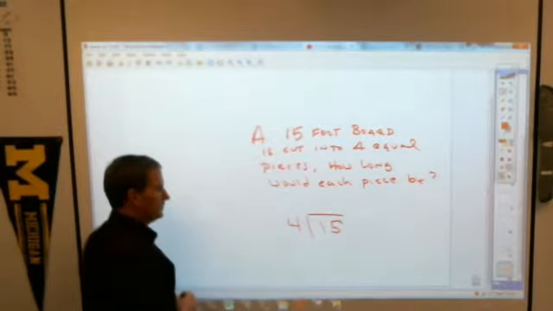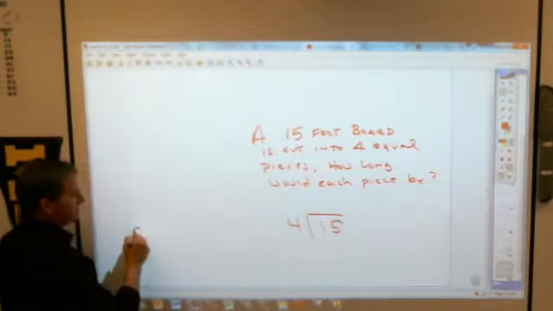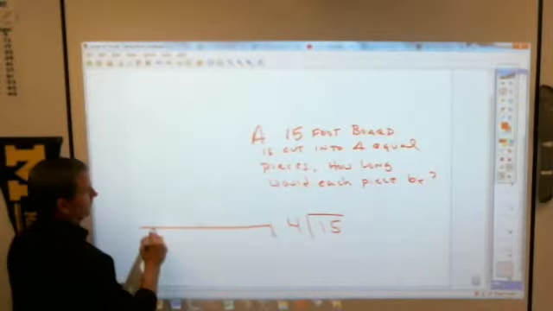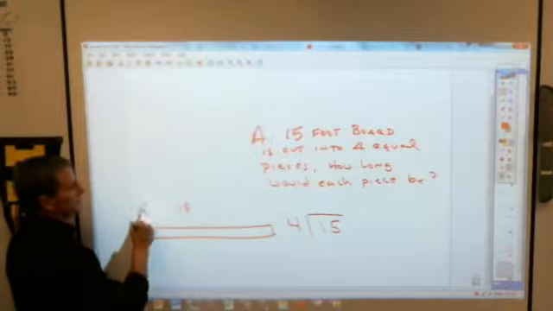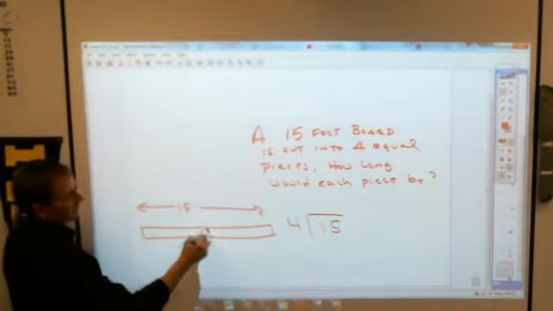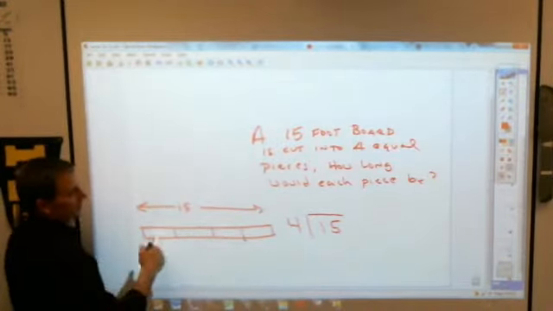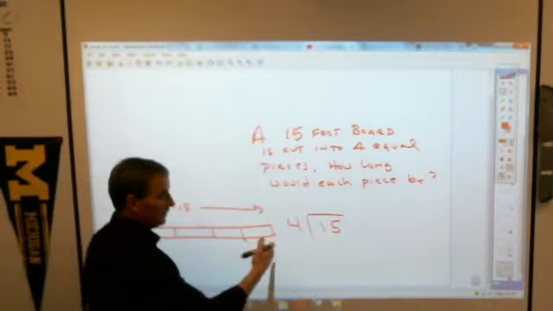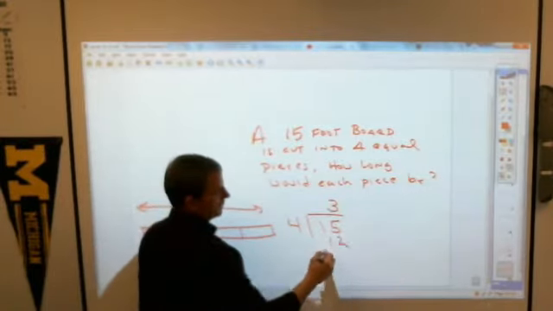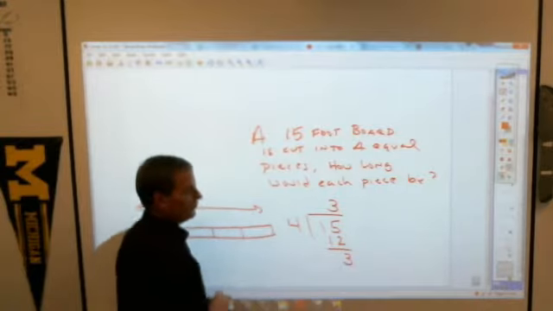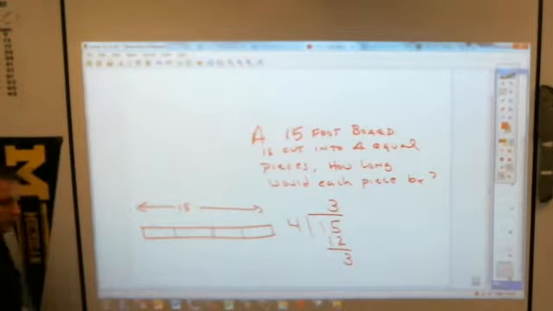Working on my GUMS. And you could draw a picture, I suppose. Here's your 15-foot board, 15 feet from here to here, and I'm cutting it into 4 pieces. How long would each chunk be? How many times is 4 going into 15? 3 whole times. 12. I don't have such a thing as a remainder 3 of a board.